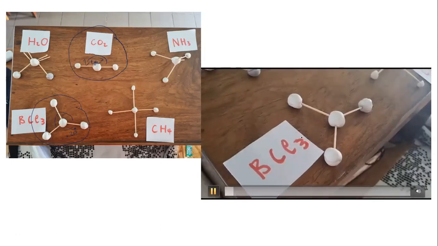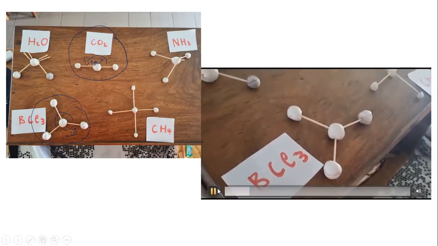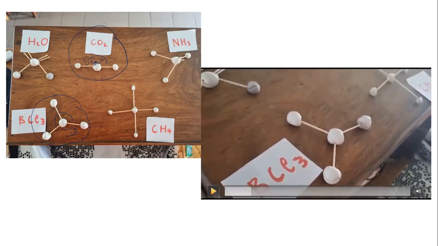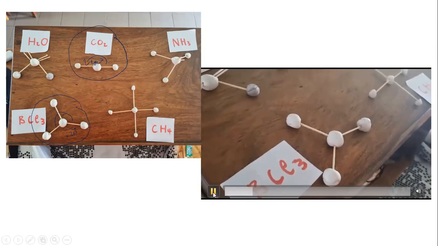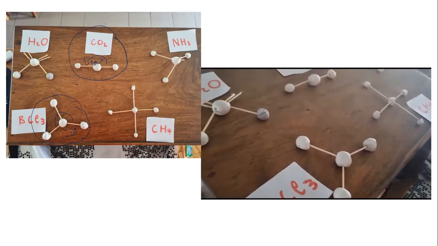So here, what you see, this molecule over here, let me pause. This is trigonal planar and it is flat on the surface, okay? And these are the atoms. This is B and this is chlorine, chlorine, chlorine, okay? All right. And therefore, we move to, let me just wait a little bit.